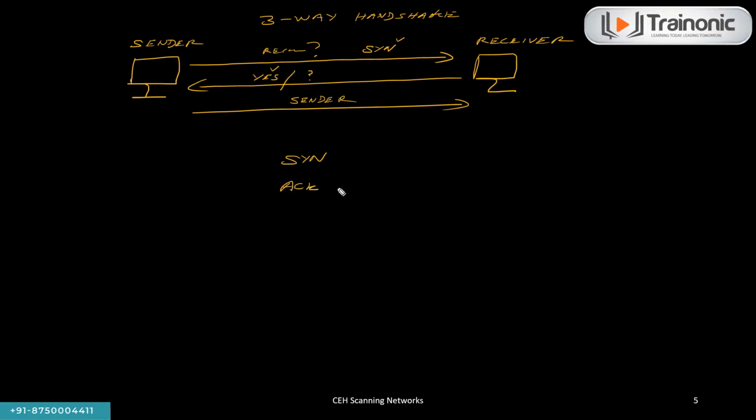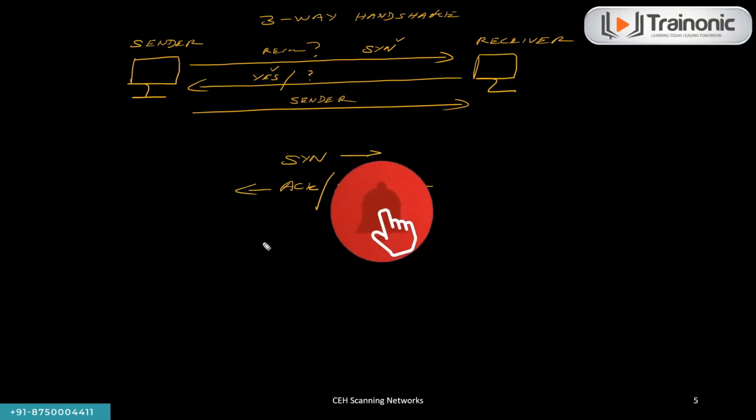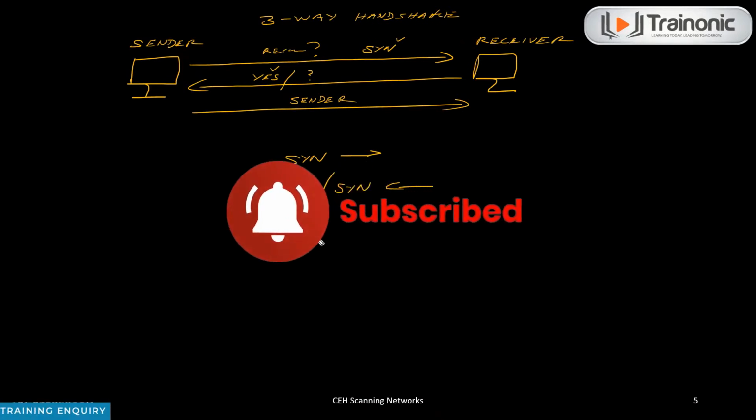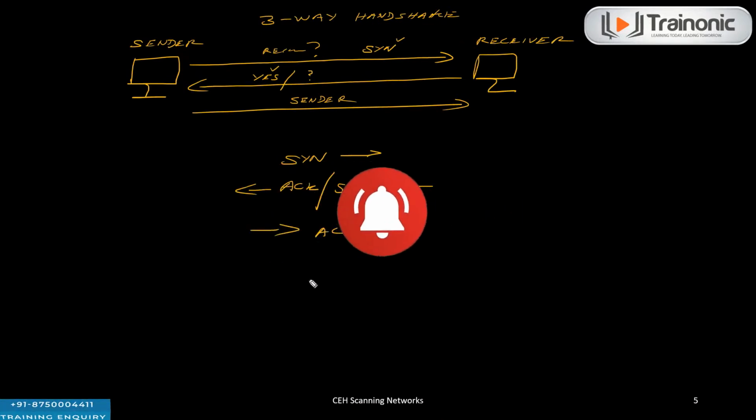And again, it asks the same question to the sender: who are you? That who are you is the SYN. So this is the SYN and ACK. And then comes the ACK: I'm the sender.